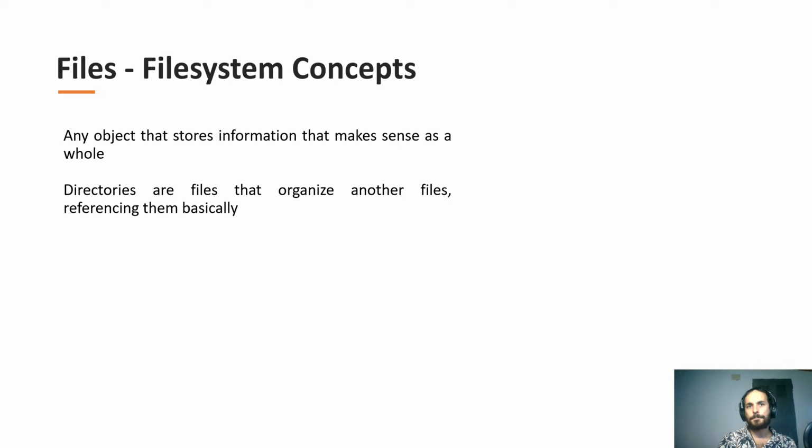And directories are files that organize other files by referencing them, okay. That means that a directory is basically a specific kind of file. For instance, this is a directory, okay.